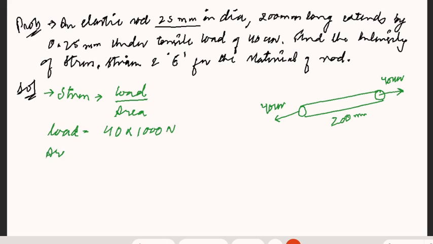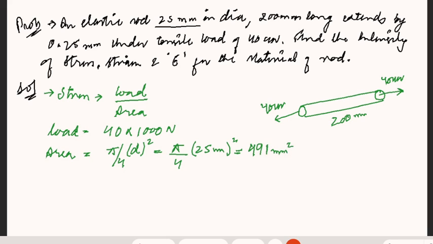And we know the area for this circular rod will be pi by 4 d square. Pi by 4 into 25 square, please do the calculations quickly, will be somewhat 491 mm square.